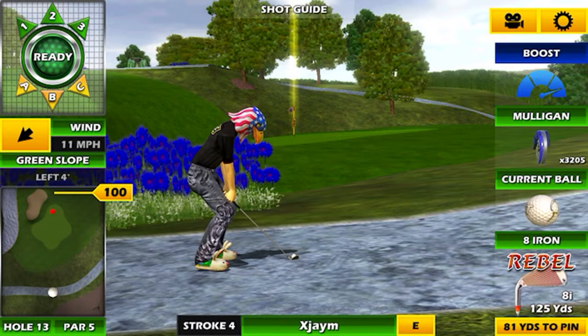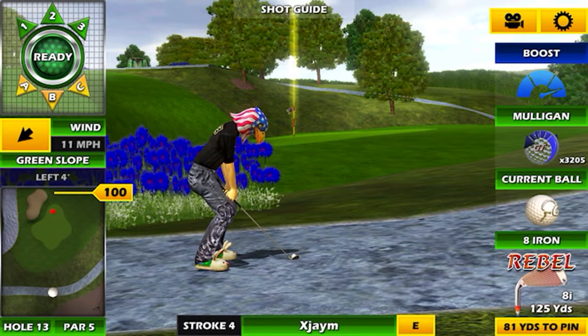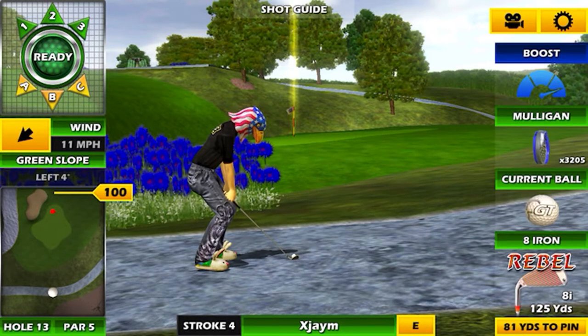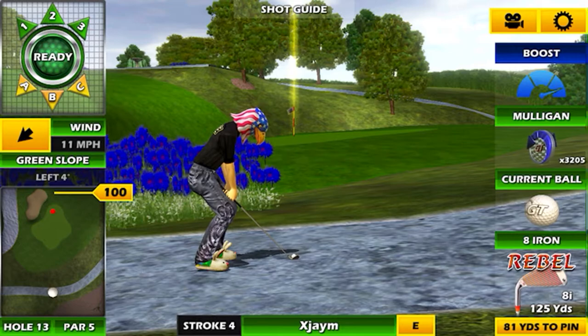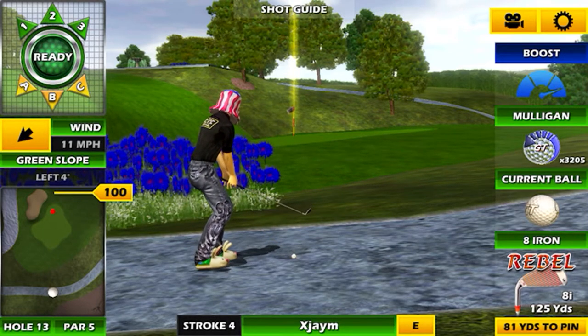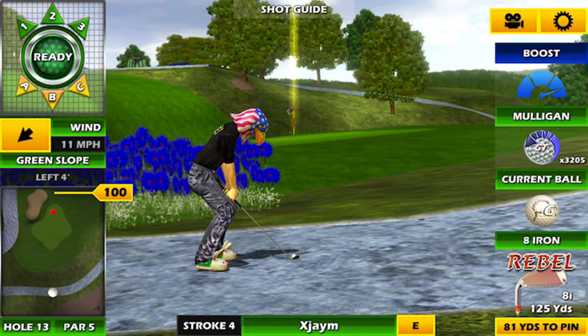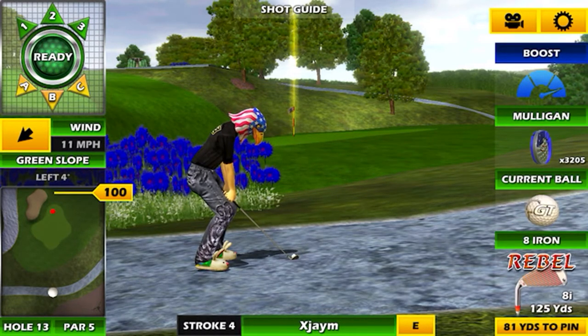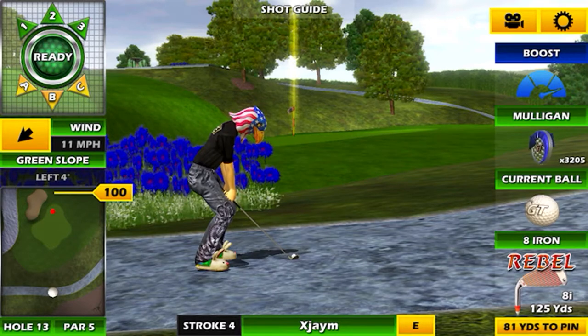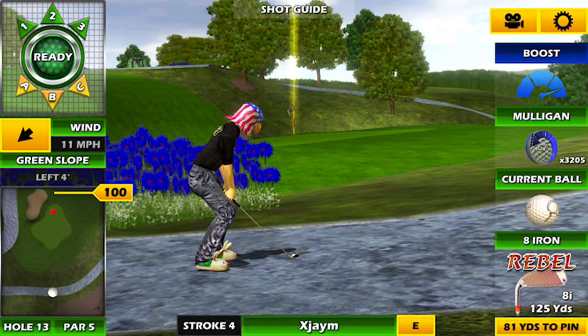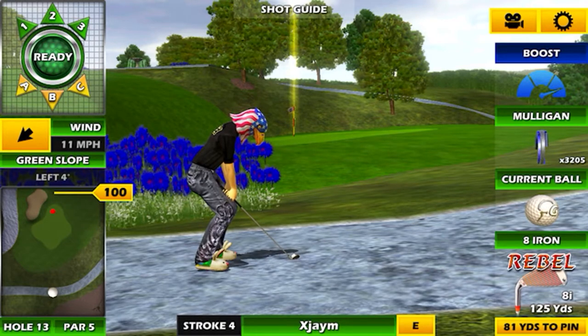We're 81 yards. We obviously don't have an 80 or 810 yard club. So what I'm going to do is divide it by 4 and get 20.25. I'm only getting 80%, so I'm going to take 20.25 and divide it by 0.8.